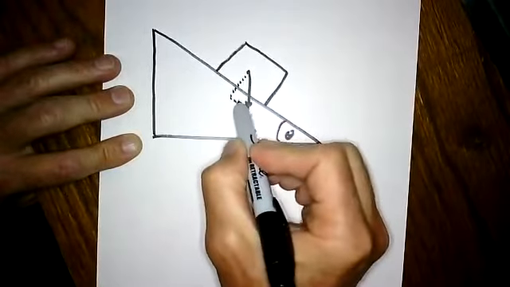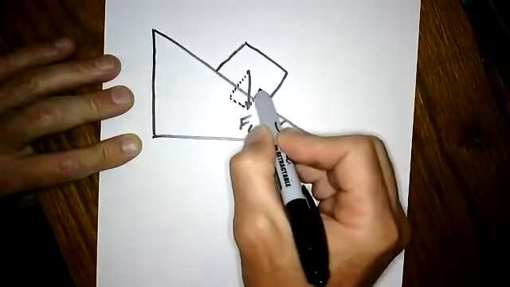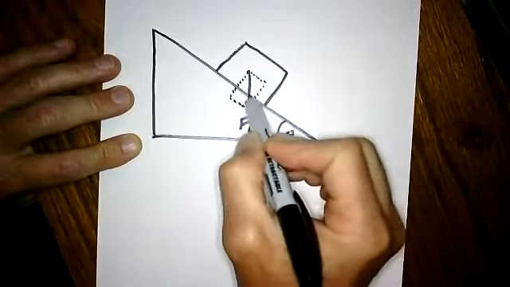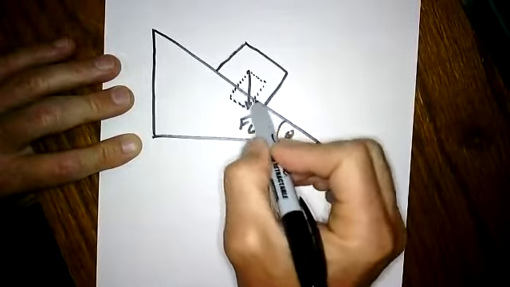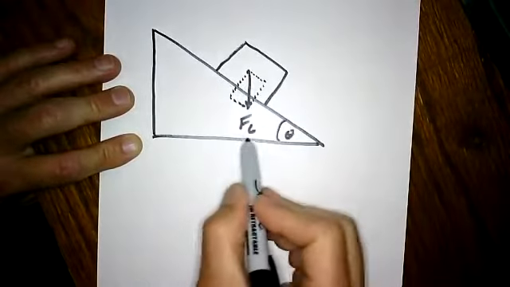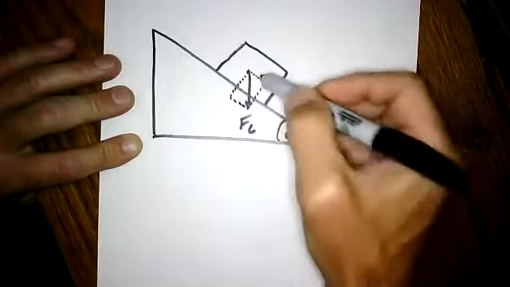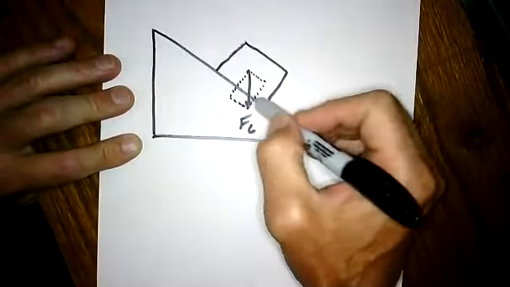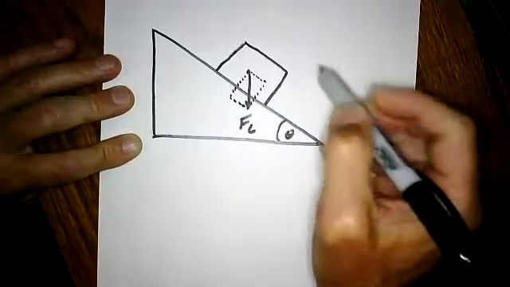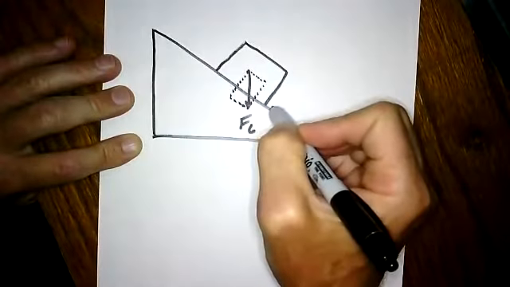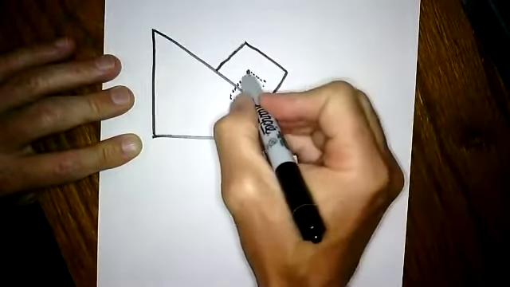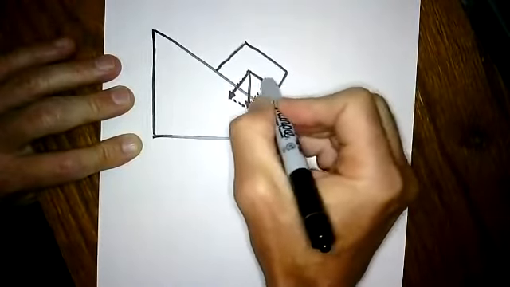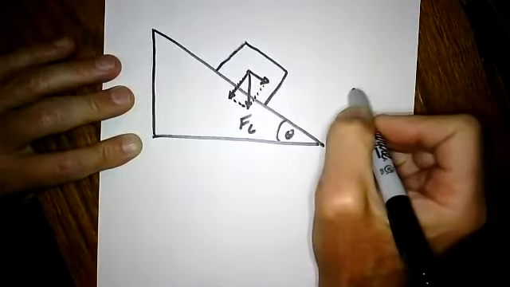And the edges of this rectangle are either parallel, like this one, or perpendicular to this ramp surface. This edge and this edge are parallel to the ramp surface. This edge and this edge are perpendicular. So now I'll draw up my perpendicular component and my parallel component.